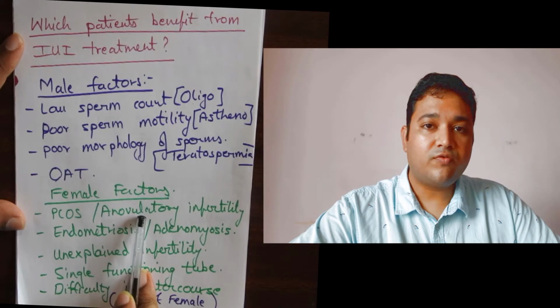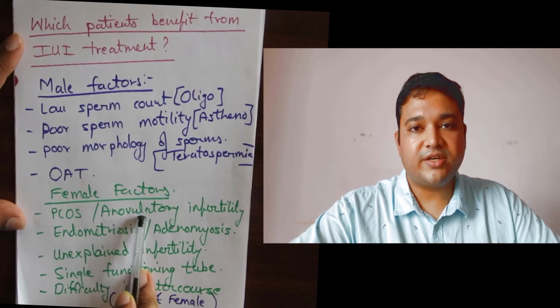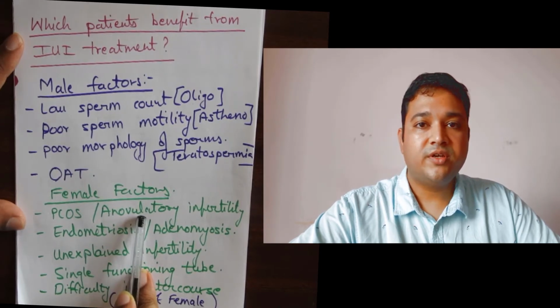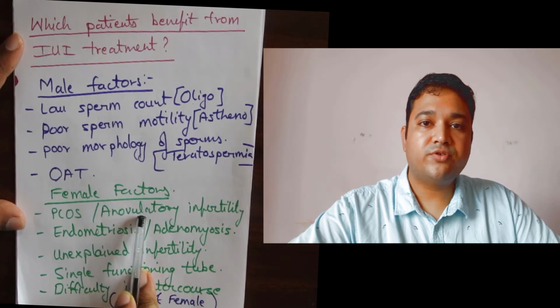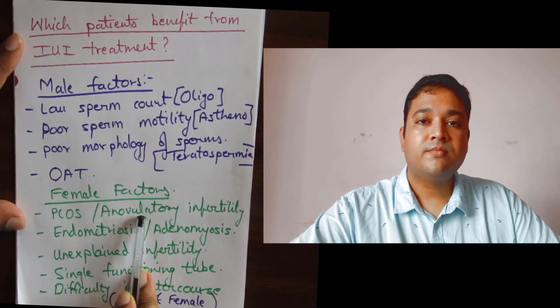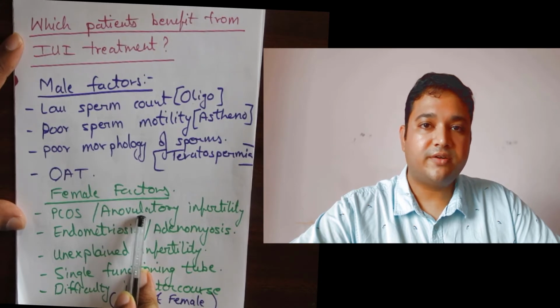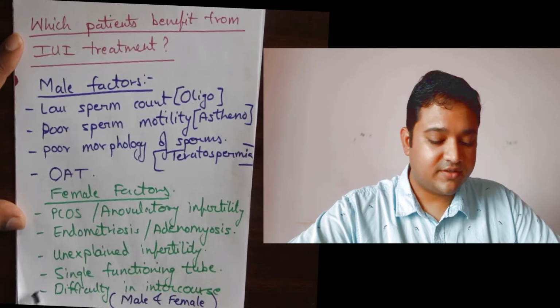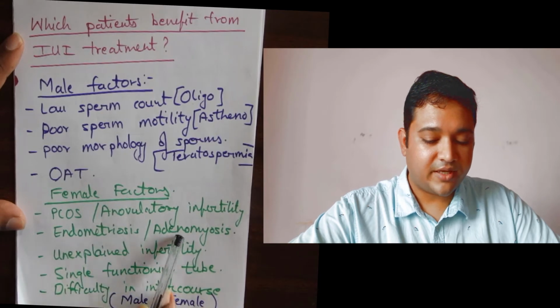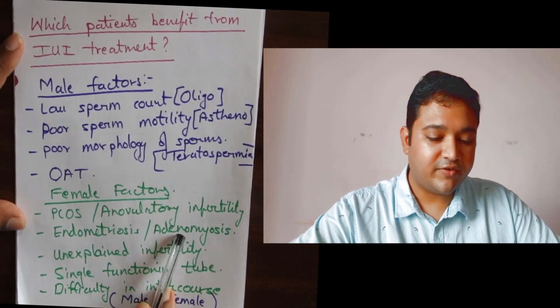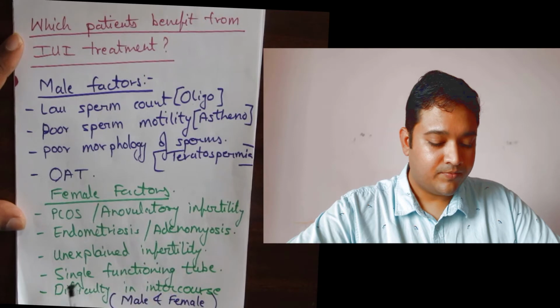These women are often given treatments like ovulation induction and superovulation to make sure that they produce good number of eggs. These treatments can often be combined with IUI to yield better results. Female factors like endometriosis and adenomyosis may also benefit from IUI treatment.